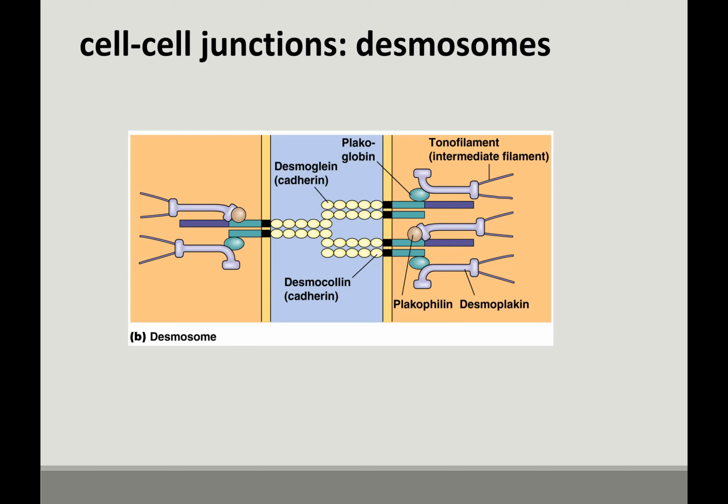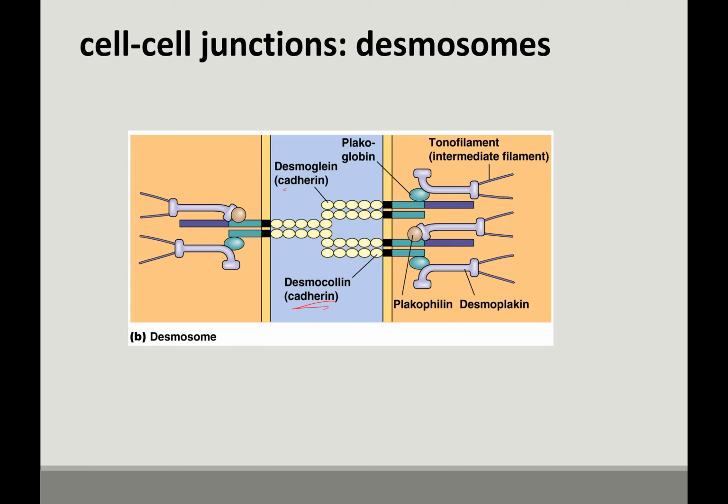Okay. The next type of adhesive, so adhesive means we're linking cells together, and we're connecting them. This type is called desmosome. Looks very similar to an adherens junction. It has special types of cadherins called desmogleins, desmocollins, right?